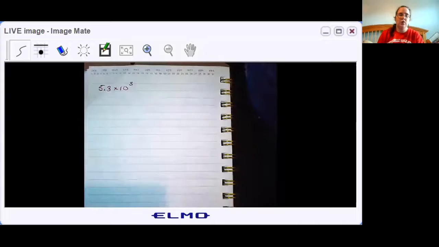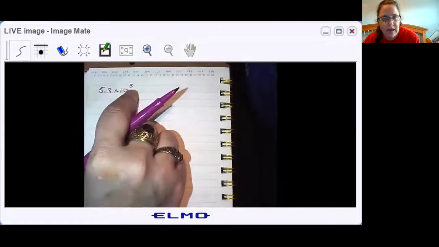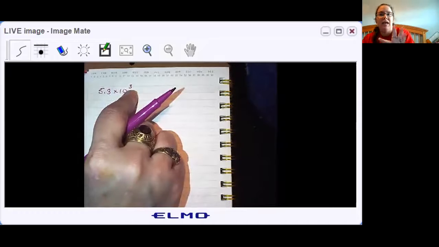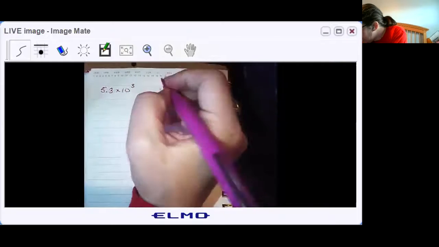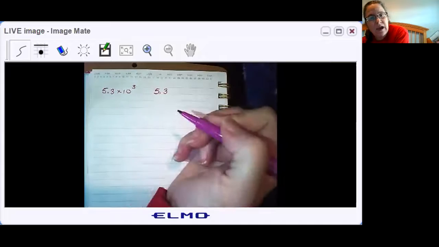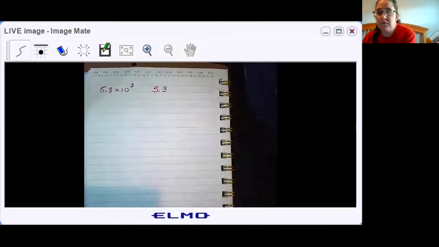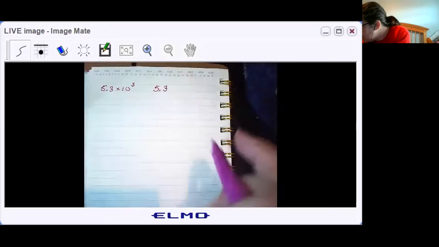Well, let's look at our clues. What does this tell us? Well, this positive 3 exponent means it's going to be a big number. So I want to make it grow. I'm going to be adding zeros to the end of it to make it bigger. So if I start out with 5.3, now I want to make it grow. So I want to move that decimal. And here this tells me I'm going to move that decimal 3 times.